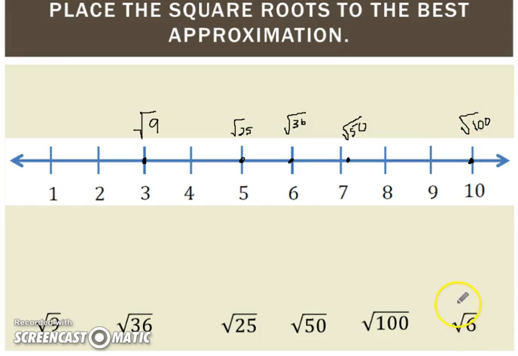And our last one, square root of 6. So we knew at the beginning we found the square root of 9 to be 3. Another small perfect square is the square root of 4. And that one actually comes out to be 2.